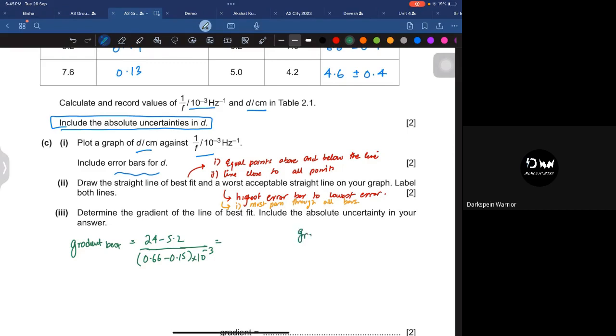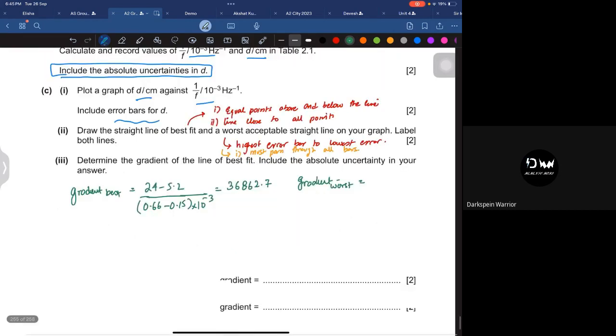Once you do that, then you should be doing gradient of worst as well. Yes, please. For the best gradient, I'm getting 36862.7. Okay.